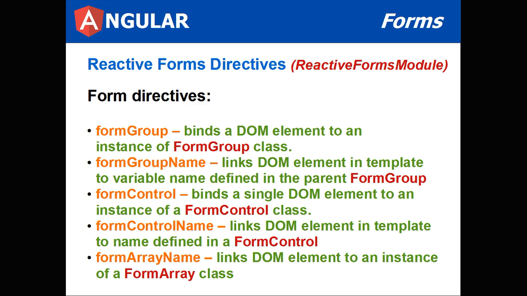A form control name links a DOM element in a template to a name defined in the form control. And the form array name links a DOM element to an instance of a form array class. So basically, with these directives that end in name, you're associating something on the template to a name in the app component.